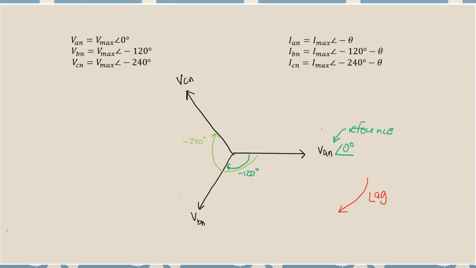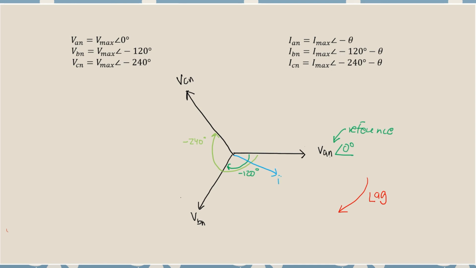Now we want to draw IAN. If you see here, IAN has a displacement angle of negative theta. So it doesn't start at 0, but it starts at theta.